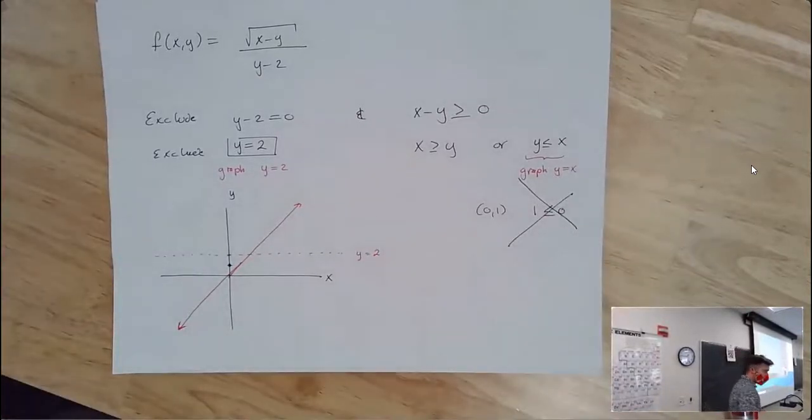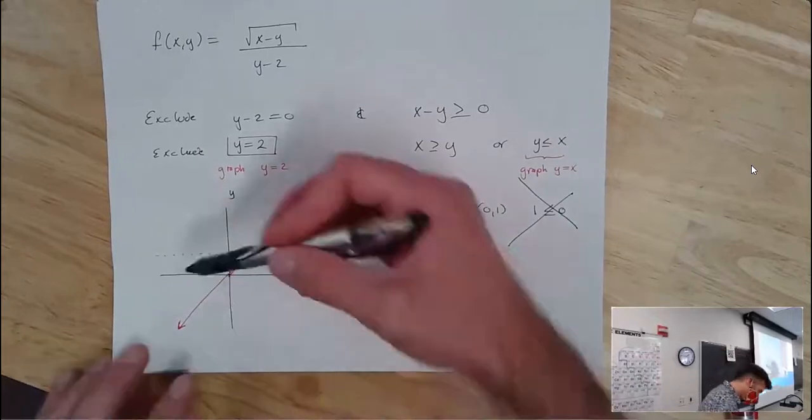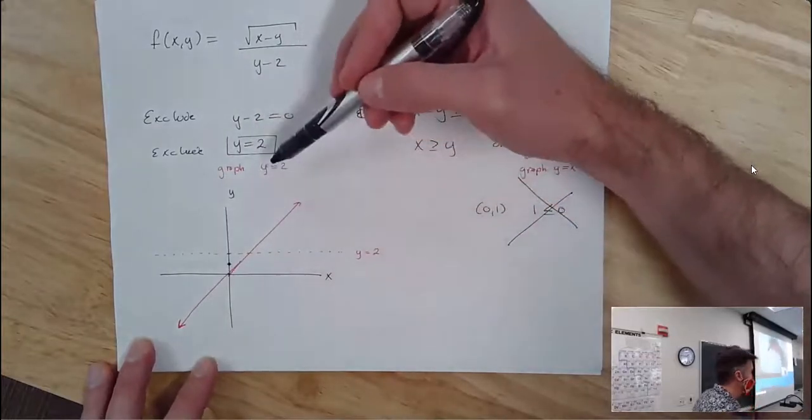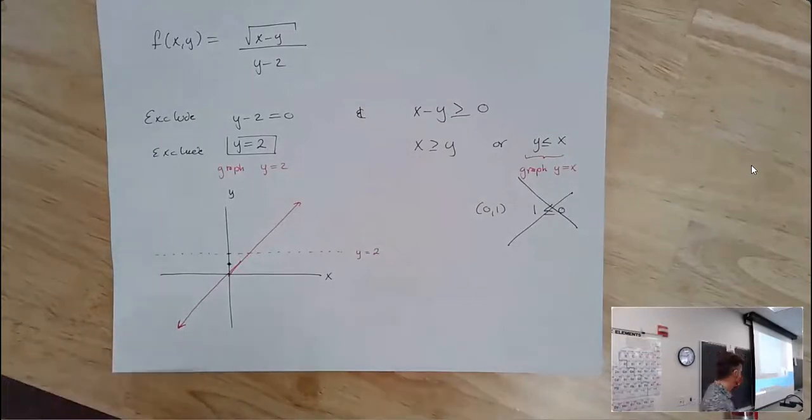That means this point is not in the domain, which means all of the stuff on this side is not in the domain, which means all the stuff on the other side of the boundary is in the domain. So our domain is going to be all the stuff kind of below that line.